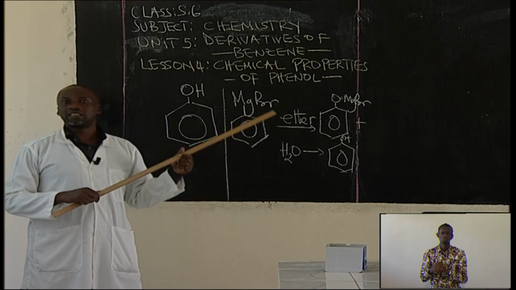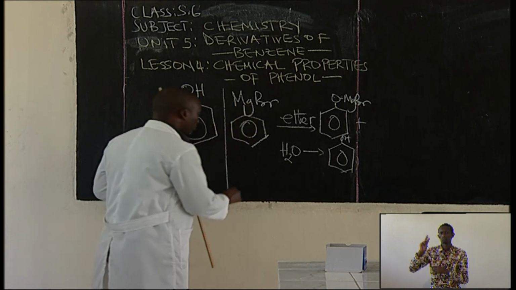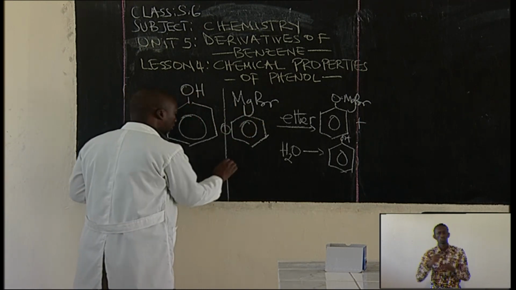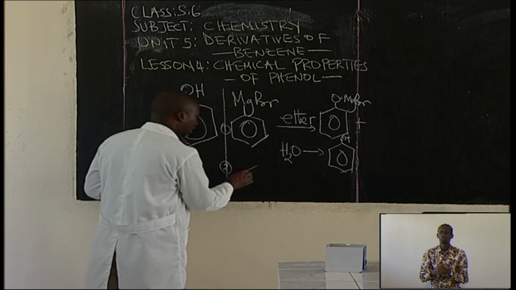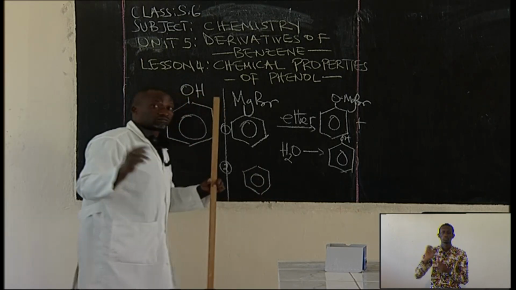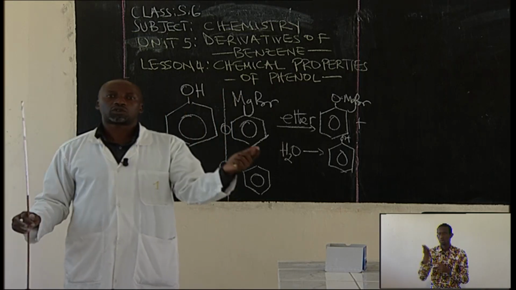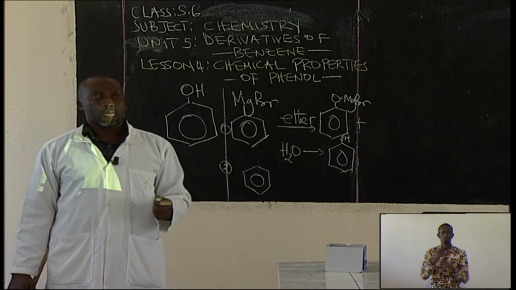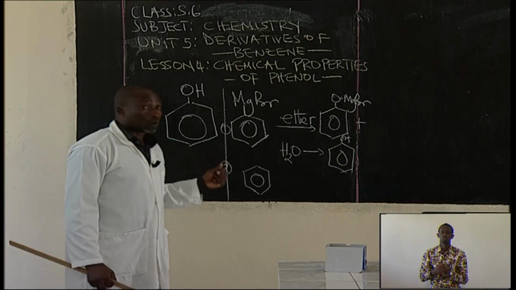From benzene, that was the first one. The second one is from benzene diazonium salt. This is a benzene diazonium salt. We look at these benzene diazonium salts when we are looking at aniline or phenylamine.